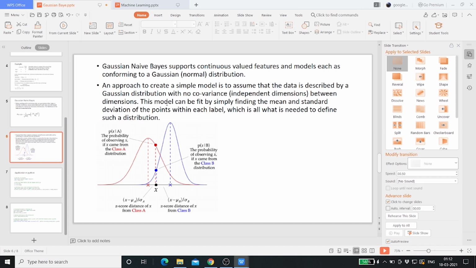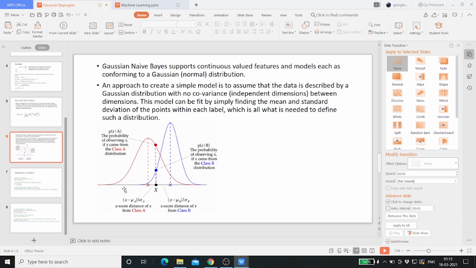So within each class, suppose we have class A, class B, class C, all we need is the mean and standard deviation to fit the model and obtain the results. As you can see, this is how a Gaussian normal distribution looks. It is a bell curve. So this point over here is the standard deviation of class A, and this is for class B.